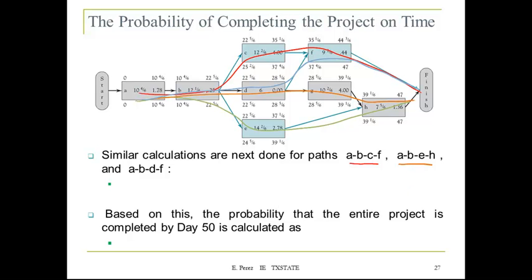So in total, we're going to have 4 different paths, and we need to repeat the process for each one of the paths. We already have the critical path, so if you repeat the process for the other 3, this is what you're going to get.